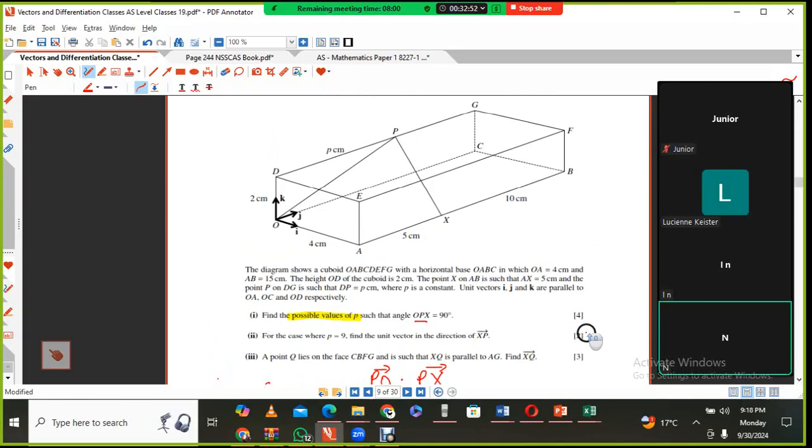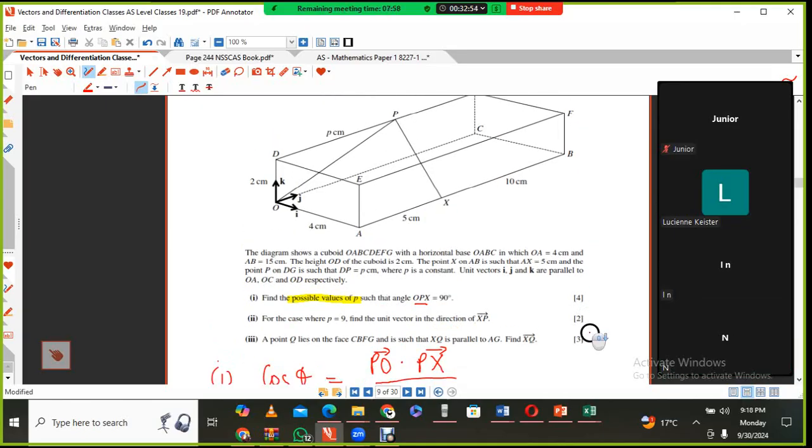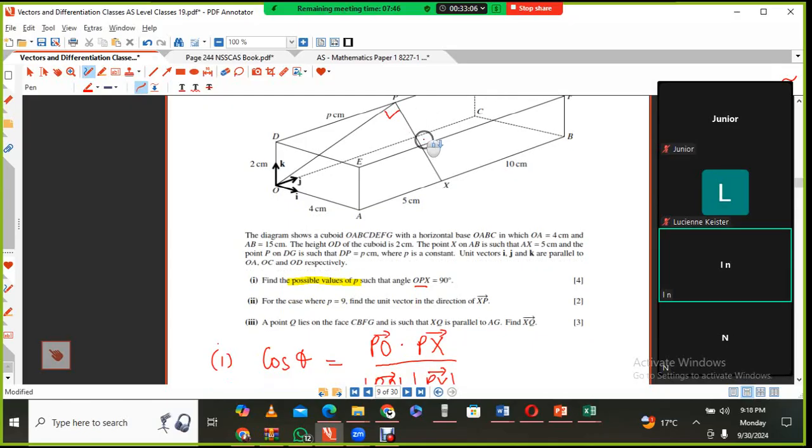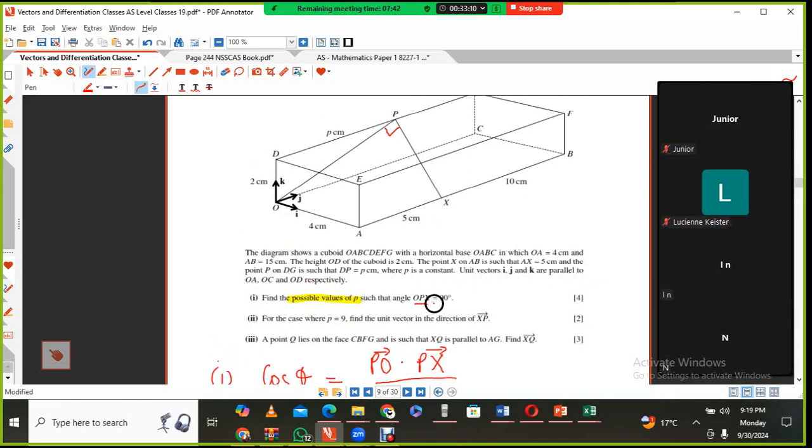Which angle are they talking about? Is it OPX, this angle over there? Yes. Why do I put the 90 degrees there? Because they are saying the angle is 90 degrees.